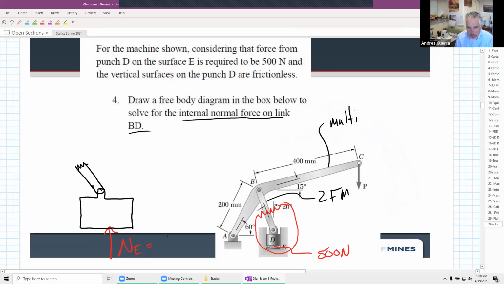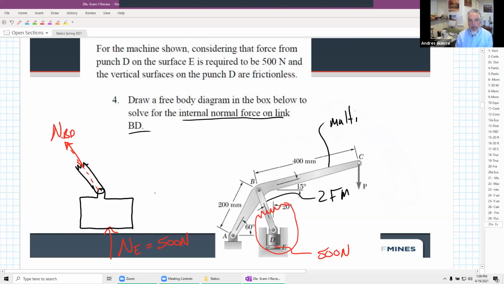And that's the one they're telling us is equal to 500 newtons. And then this is a two-force member, so we know the line of action is here, and so I can draw it up and to the left, I can draw it down and to the right, but basically we have the normal force in B to D, and then our shear force, and our M would be equal to 0.